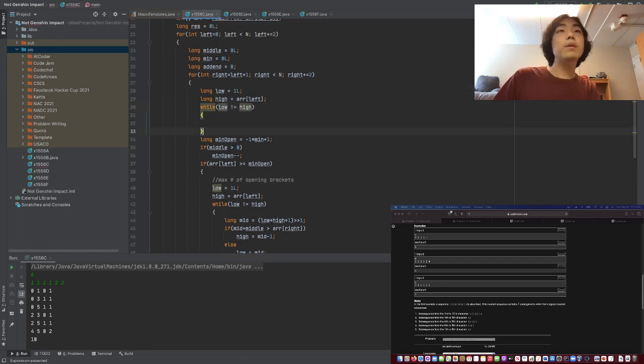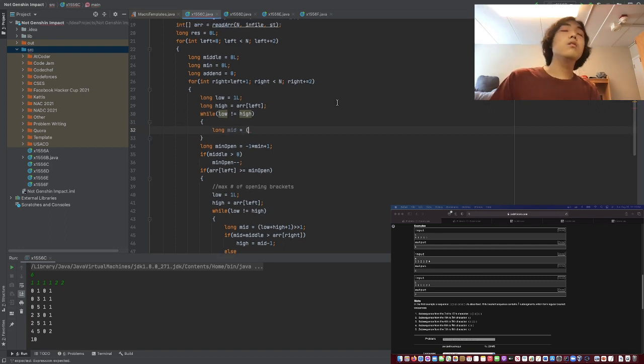We want to binary search for the minimum number of brackets that we need. Long mid is equal to array at left plus, no, low plus high over 2.